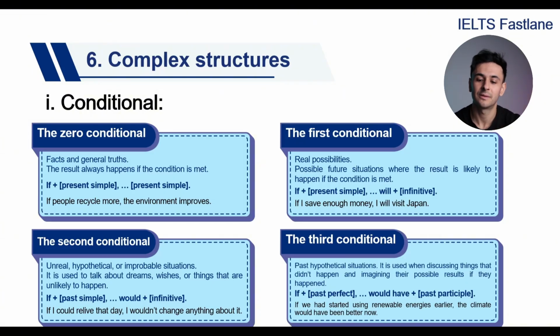So as is written here, it is used when discussing things that didn't happen and imagining their possible results if they happened. Or to give you a simple example, you could say, if I had started saving up money since I was a child, I would have been a millionaire by now.